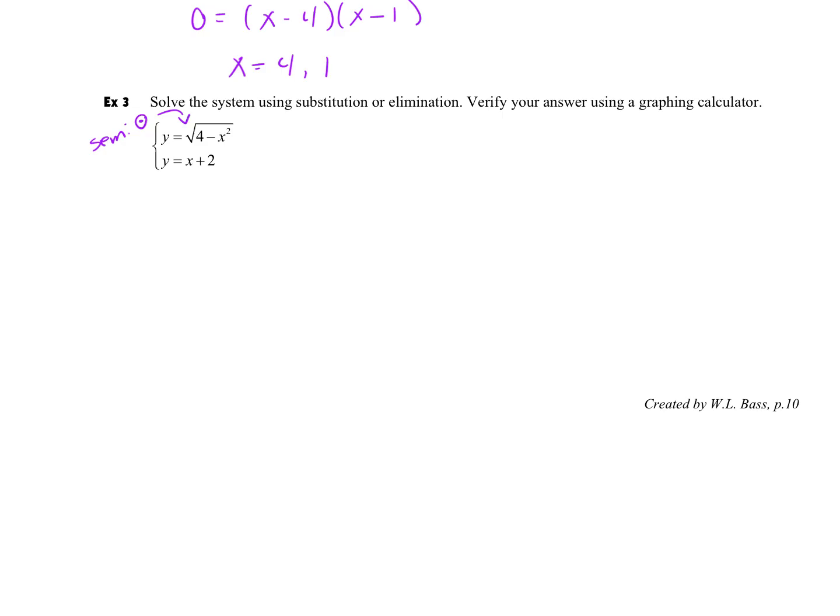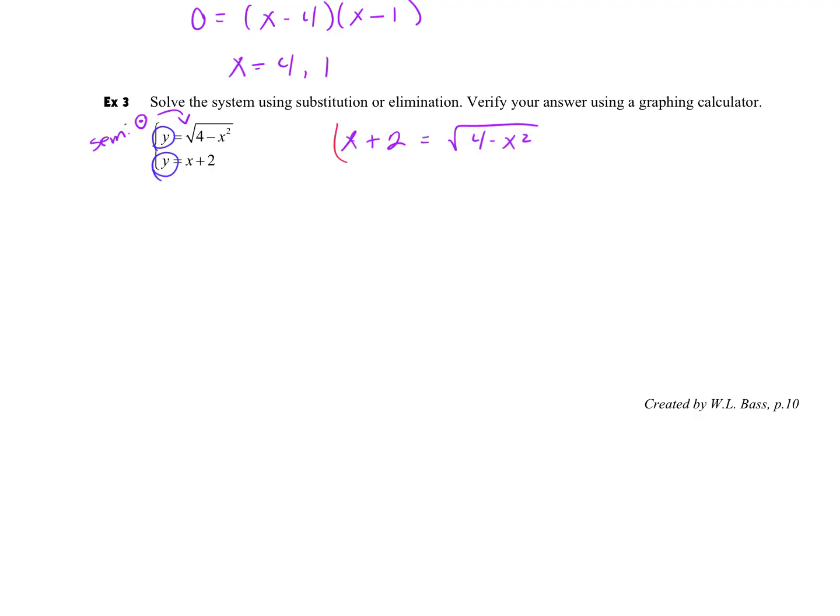If you go back to our circle unit where we wrote the equation for the circle as two separate pieces, the top and the bottom, that is what this equation is here. Now, what I want you to notice, these are both already equal to y. So we can just right away set these equal to each other. x plus 2 equals the square root of 4 minus x squared.